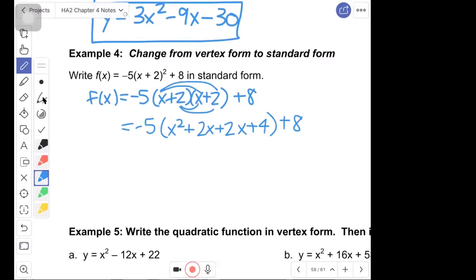Then we're just going to continue to simplify and combine like terms. I'm going to combine those 2 x's in the middle.